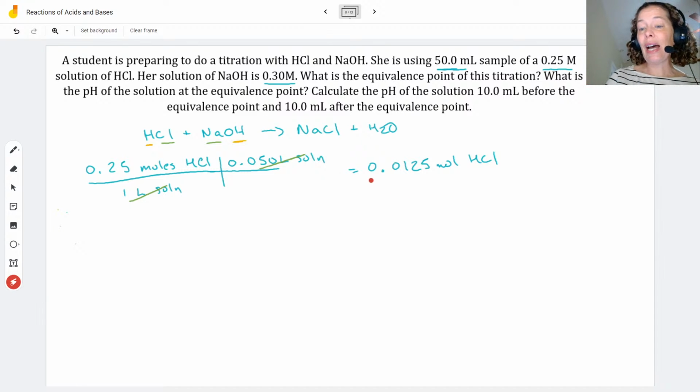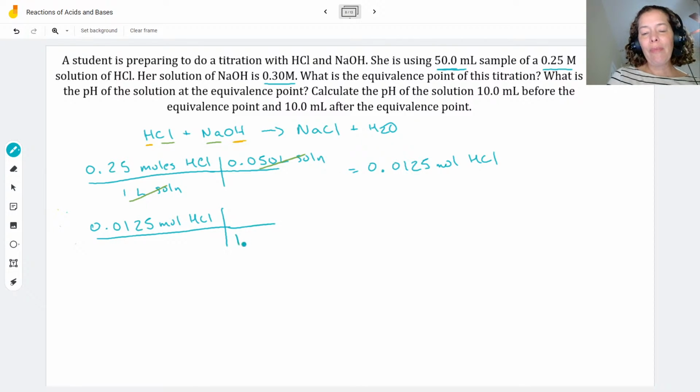Okay, so that means I need to convert this moles of hydrochloric acid into moles of sodium hydroxide. This is where having the 1-to-1 ratio is just so nice. I love the 1-to-1 ratios. Okay, so this is our stoichiometry. I'm taking my moles of hydrochloric acid, and I have a 1-to-1 ratio of hydrochloric acid to sodium hydroxide. This is also why, whenever you're doing a problem with a chemical reaction, you should make sure you write down the balanced chemical equation.